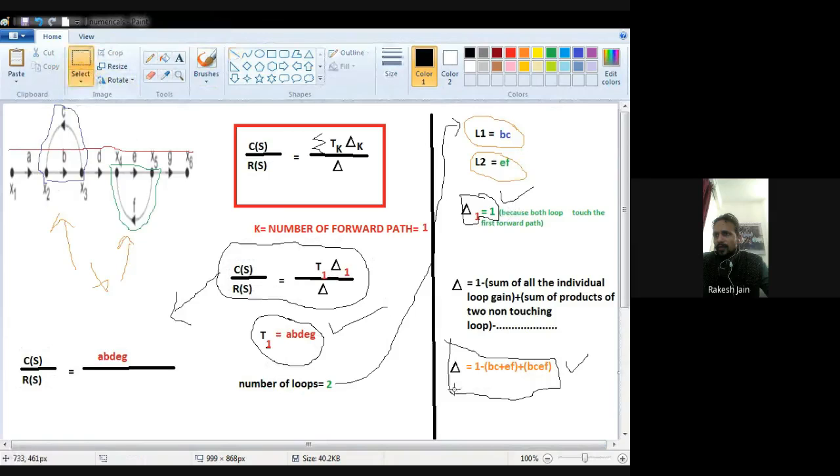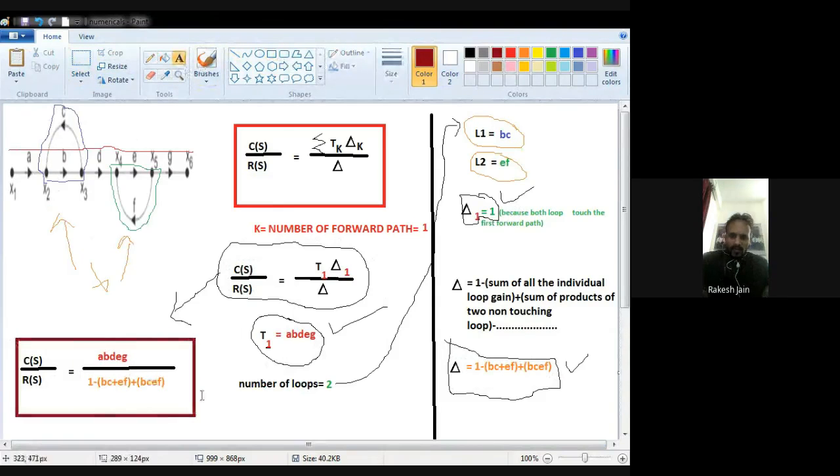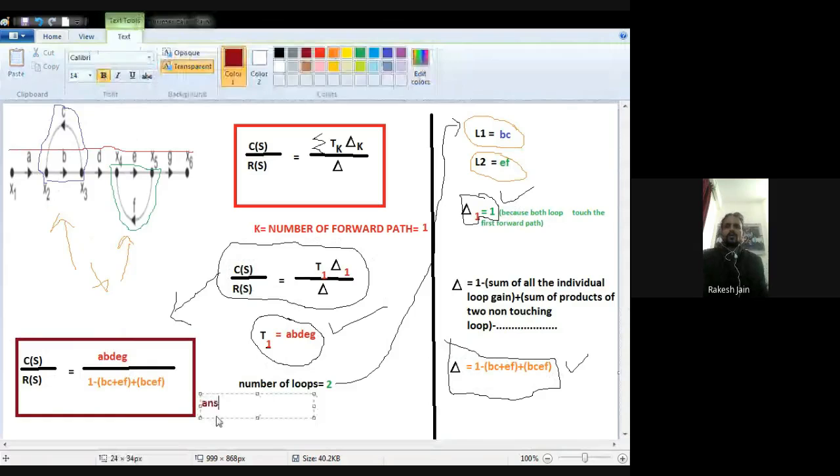So what is del? Del we just calculated. Del is this one. Okay, so this one is your final answer. So we found the answer with the help of Mason's gain formula. Okay, so this question is completed.